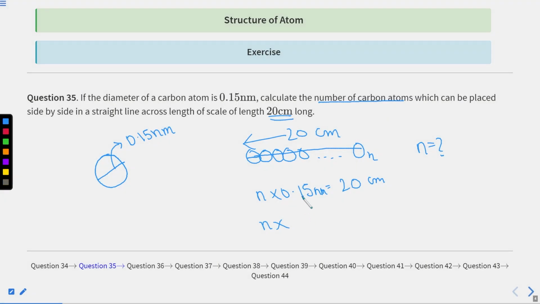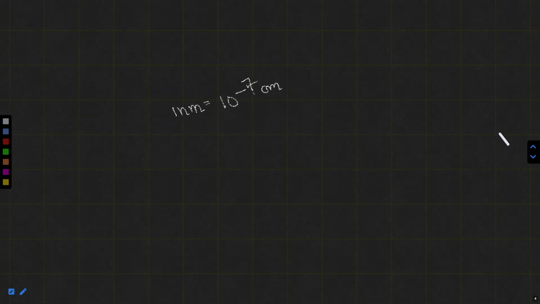So for 0.15 it would be 0.15 into 10 to the power minus 7 centimeter into n, equal to 20 centimeter. The centimeter units will cancel out and n will be equal to 20 by 0.15 into 10 to the power minus 7. Okay, no problem.